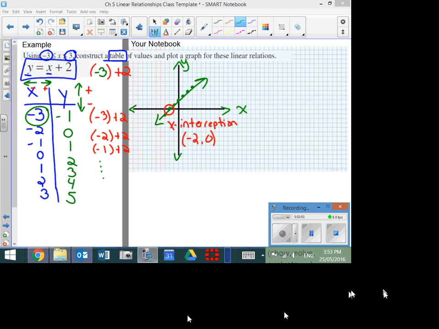And my y-intercept is on the y-axis. It's right where you cross the y. It's called your y-intercept. And that is where my x value is 0, but it's actually up at +2. All right? So those are just some key points to always make sure that we're aware of.